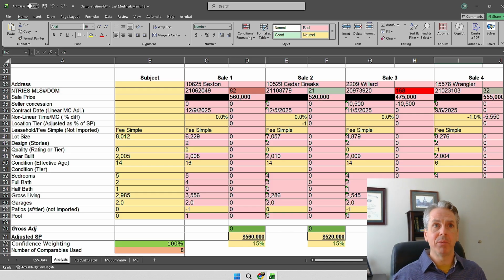I may have plenty of experience to say there's diminishing utility for these covered patios. Yes, people want to have a covered patio. It brings additional pleasure, additional utility, but there's diminishing utility when I double the size of that patio. It doesn't necessarily double the value.